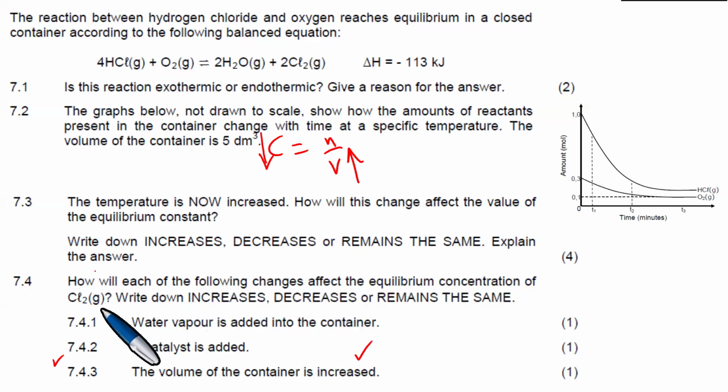So at this point, it means the equilibrium concentration of Cl2 does what? It decreases. Take a careful look at that and make sure you are able to interpret it and make sense of it.